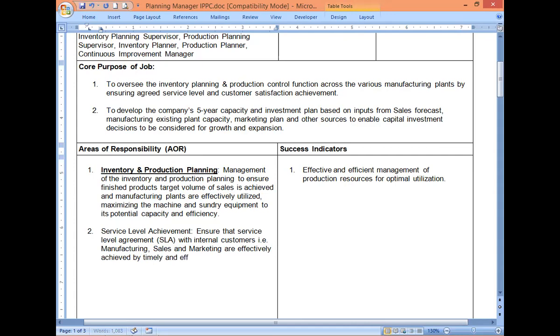I would say generation. I hope I'm doing it right, in terms of my grammar and everything. Generation of planning output.